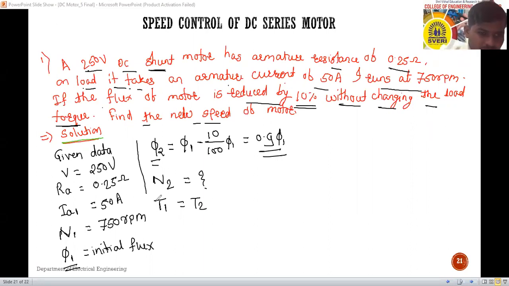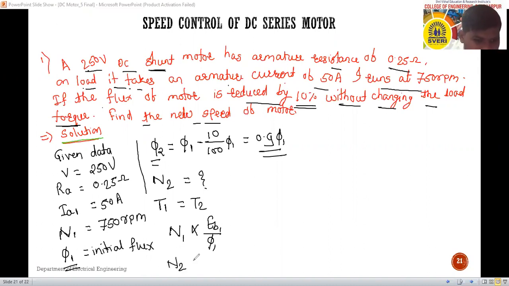Okay, now we want to calculate the speed. Do you know that the speed equation is N directly proportional to Eb divided by phi? So we can write n1 is directly proportional to Eb1 divided by phi1.